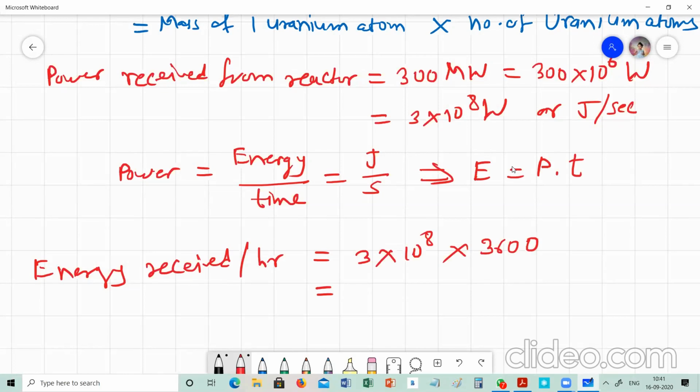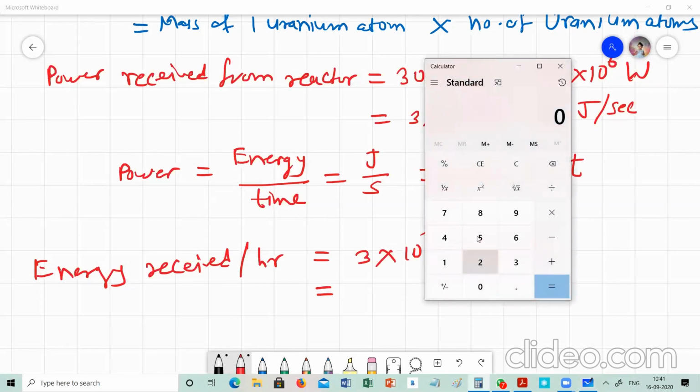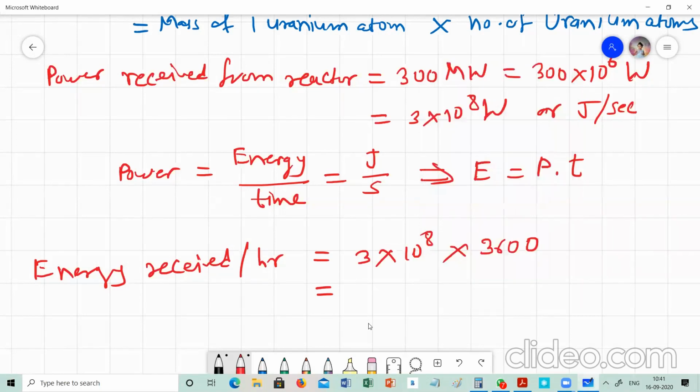This will give 3 into 36 is equal to 108. 108 into, this is 8 and these two zeros mean 10 raised to 10. 108 into 10 raised to 10 joules. Okay, we have energy in joules.